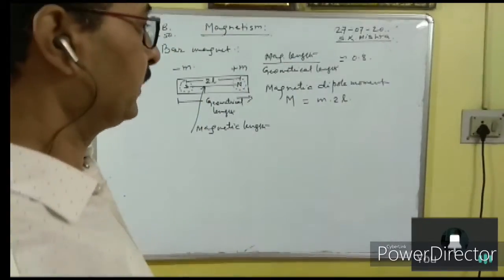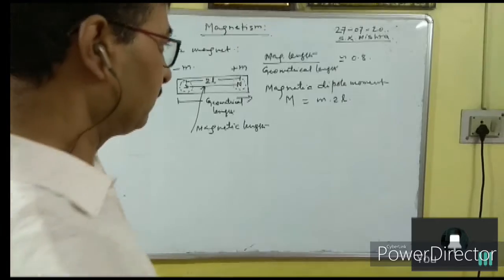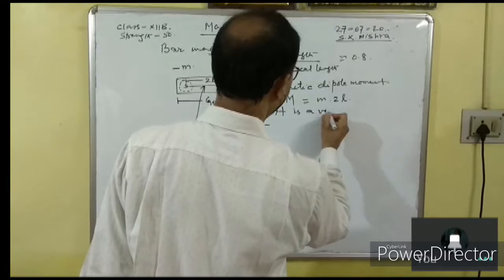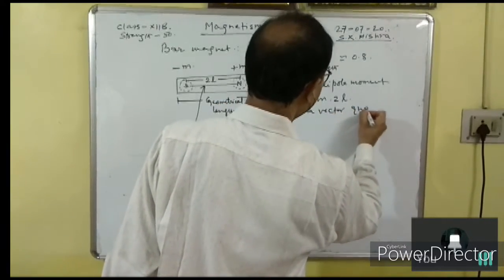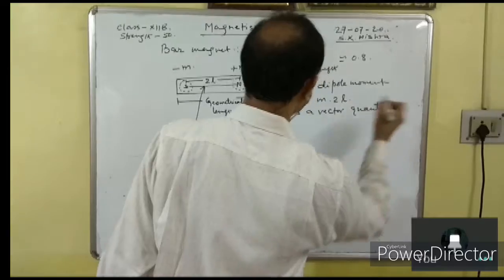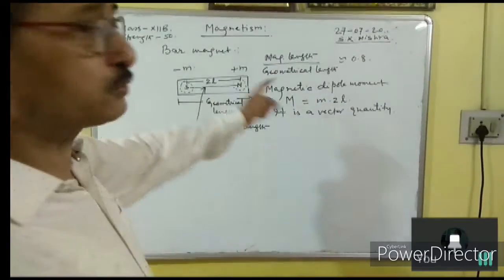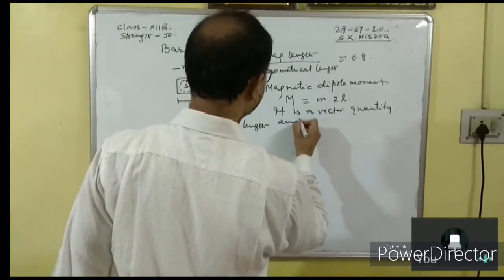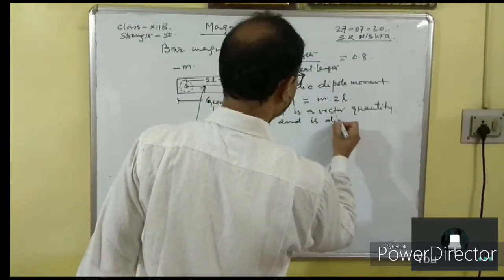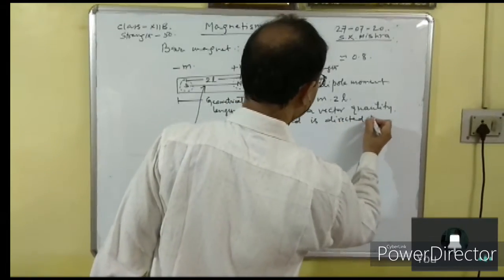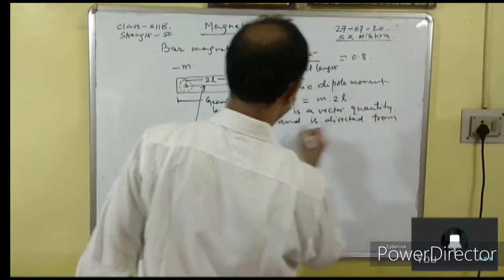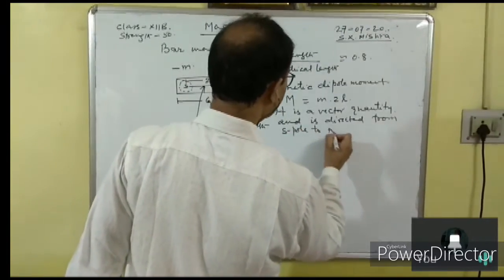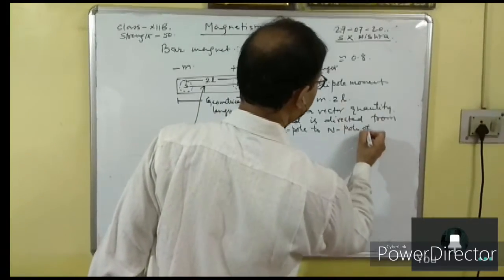Magnetic dipole moment is, if the magnetic length is 2L, I mean the separation between north and south poles, then pole strength m into 2L gives the magnetic dipole moment, represented by capital M, M = m × 2L. And magnetic dipole moment is a vector quantity.